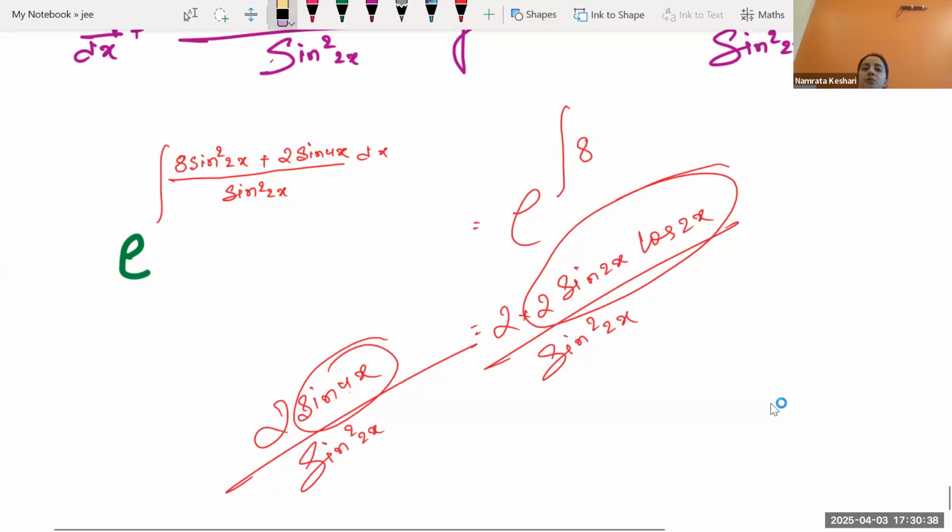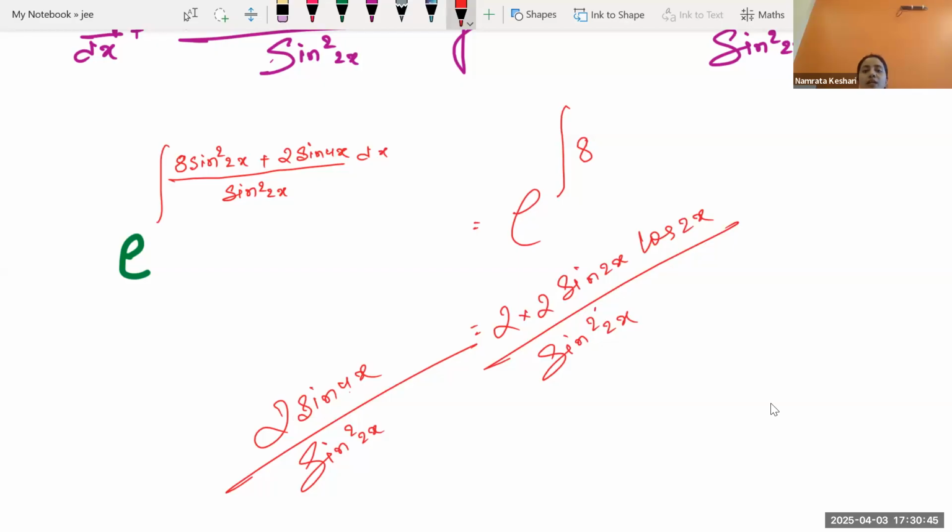Why are we doing so? Because in the denominator we can see there is a sin 2x, so one of the sines is gone. We are left with 4 in the numerator, cos 2x in the numerator, and sin 2x in the denominator, which is just 4 cos by sin, cot 2x, right?